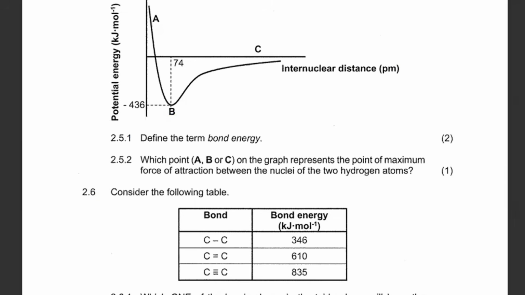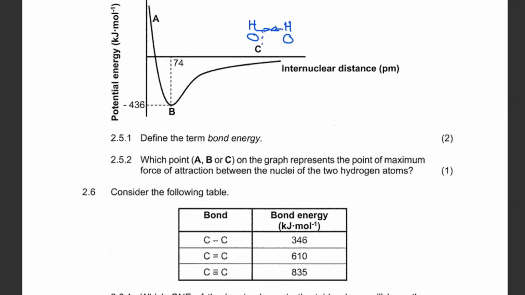Here we've got the internuclear distance, and potential energy in kilojoules per mole, with points labeled A, B, and C. Interpreting the graph, we're having two hydrogen atoms. At C, I can put this hydrogen and this other hydrogen. These two are approaching each other there at point C.